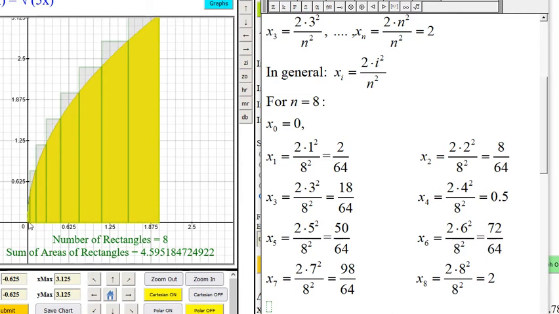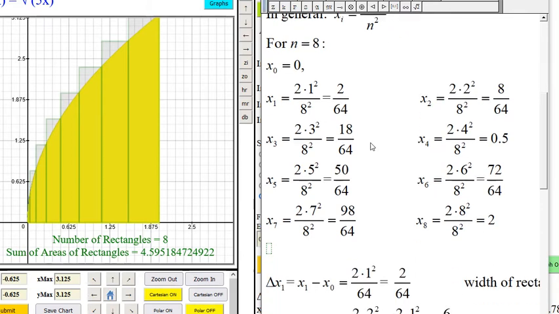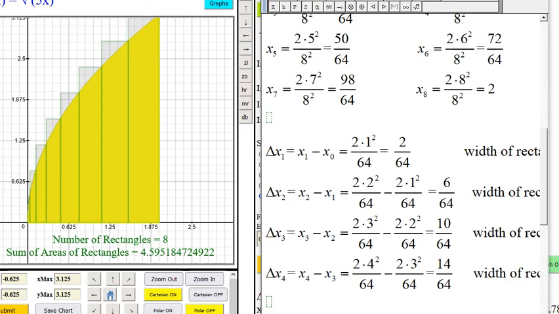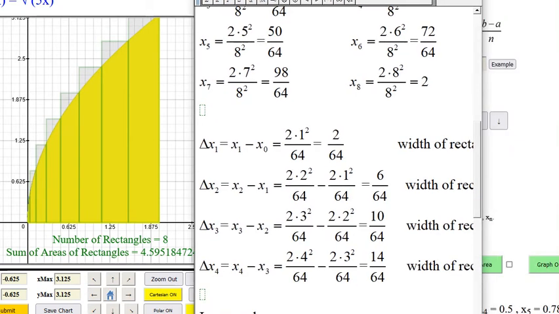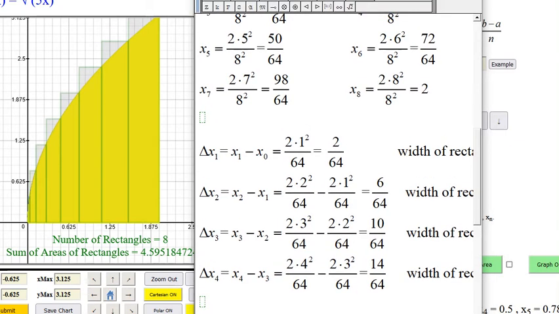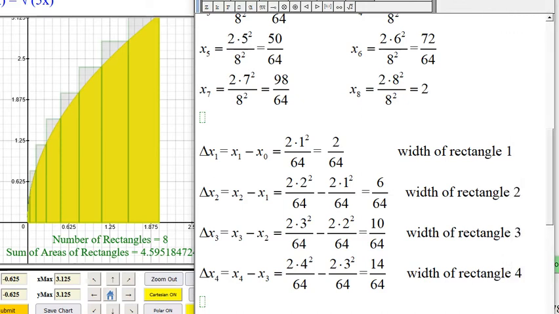Next we'll calculate the width of each rectangle, and notice that the widths are different. The width of the first rectangle will be x of 1, which is this one, minus x of 0. x of 0 is 0, and so it would be just 2 over 64.